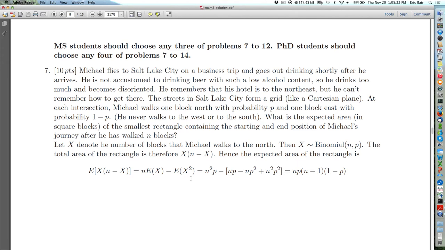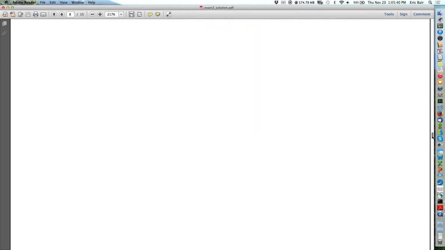Like that gives you the expected value of x squared, then just take n times the expected value of x minus expected value of x squared, and it reduces to the expression that you can see here. That makes sense to everybody? Okay. On to question 8.